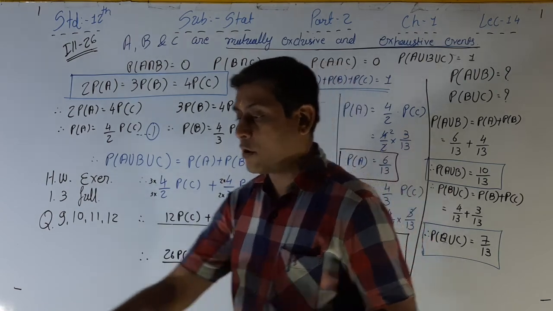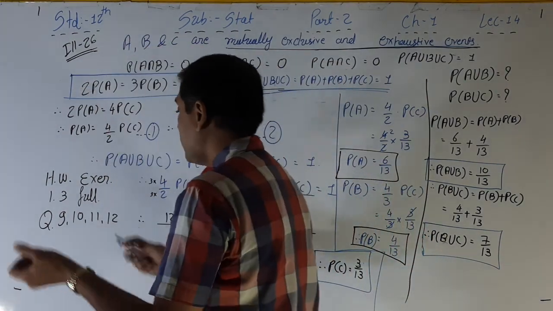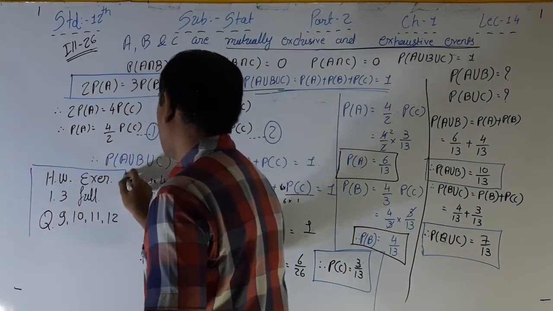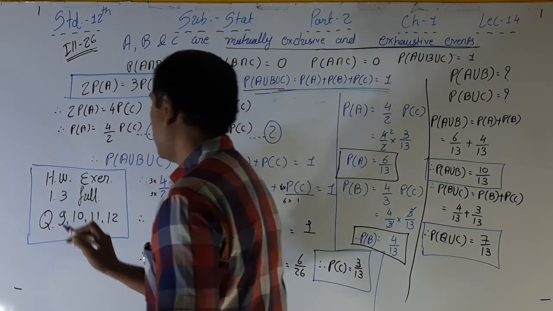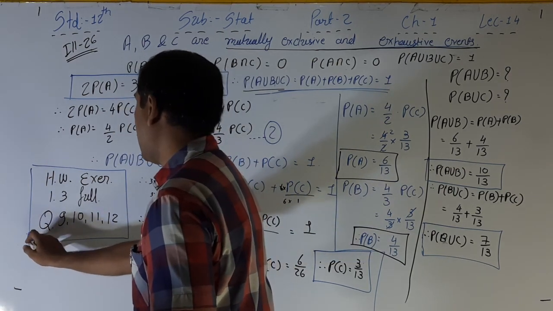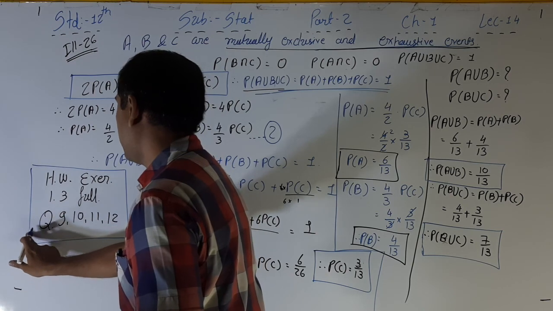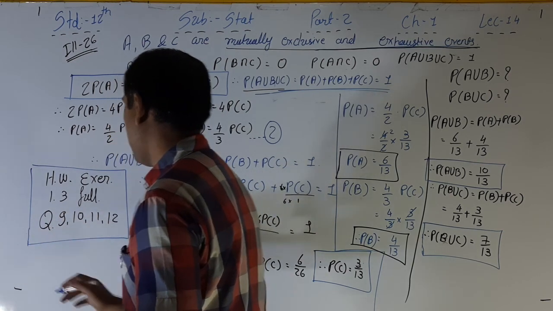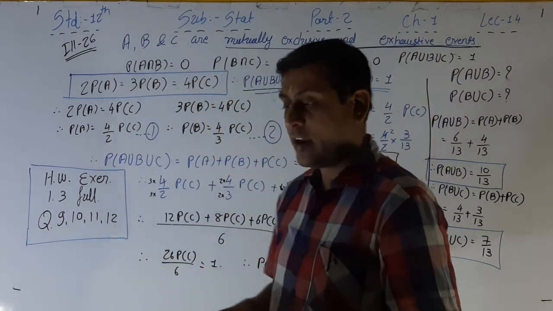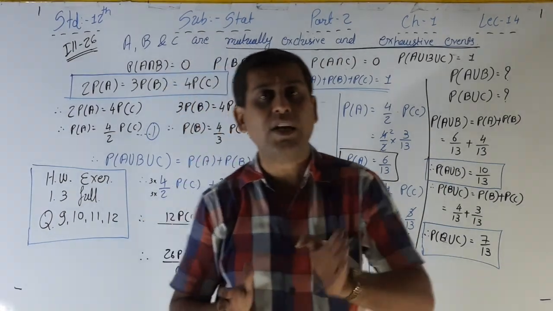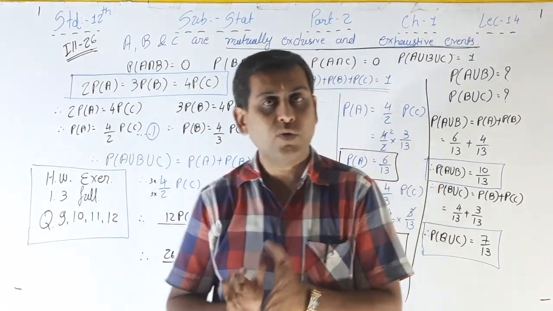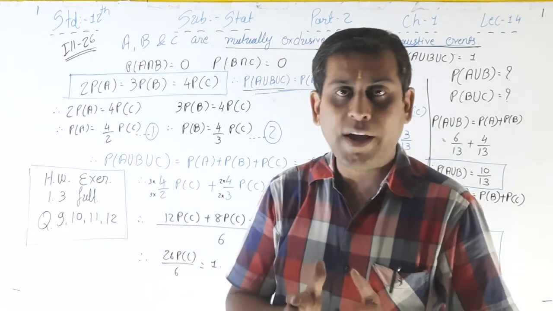Okay. So your homework is the full exercise, the remaining questions. Remaining questions are 9, 10, 11 and 12, and they are based on illustrations 23, 24, 25 and 26. Okay. So very easy.